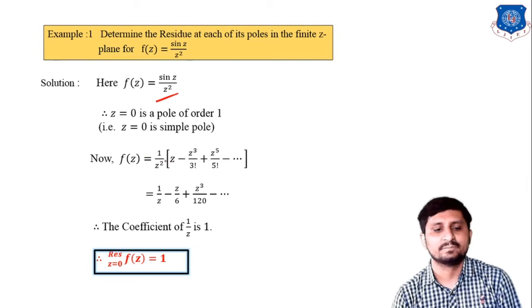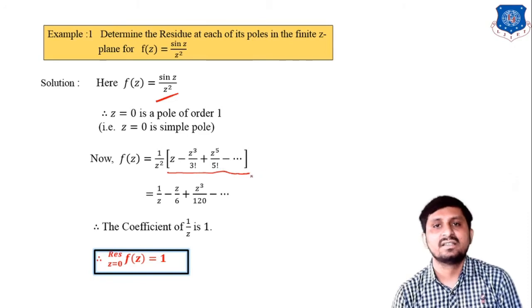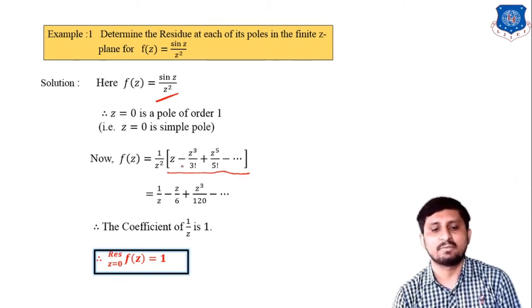Now f of z is 1 upon z square times the series of sin z, that is z minus z cube by 3 factorial plus z raised to 5 by 5 factorial. If we multiply 1 upon z square with this bracket, we get 1 upon z minus z upon 6 plus z cube by 120 and so on.